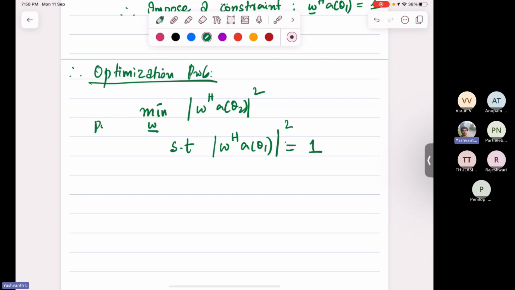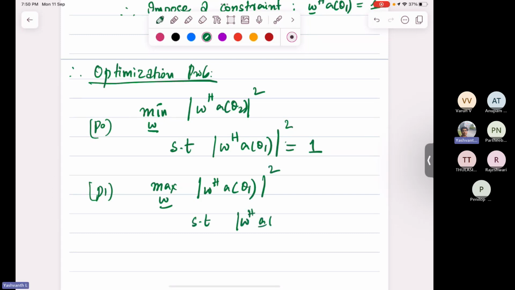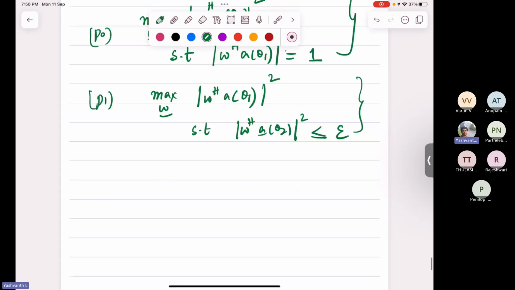Let's call this P0 and the other one P1: max over all W of |W Hermitian A theta 1|^2 subject to |W Hermitian A theta 2| less than some number epsilon. You can solve both of them independently. I will solve this problem today, you solve the other one, and we can compare the results and see the implications of the solutions. Yes, sir. Okay, now let's go to the solution to P0.